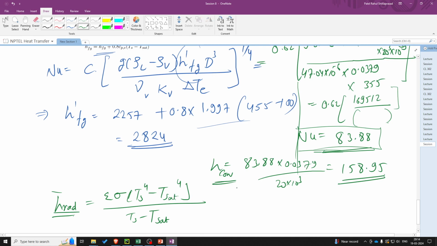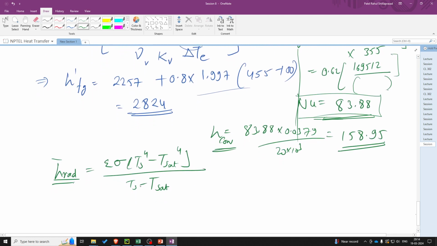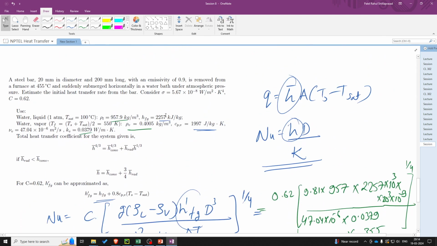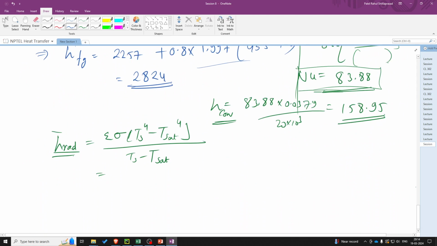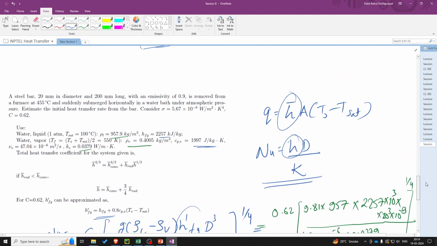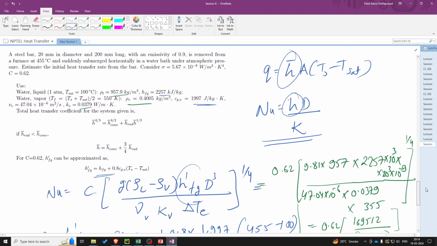So this will give you the value, where epsilon is, I think, 0.9, into 5.67 into 10 raised to minus 8. Temperature of the surface is 455.